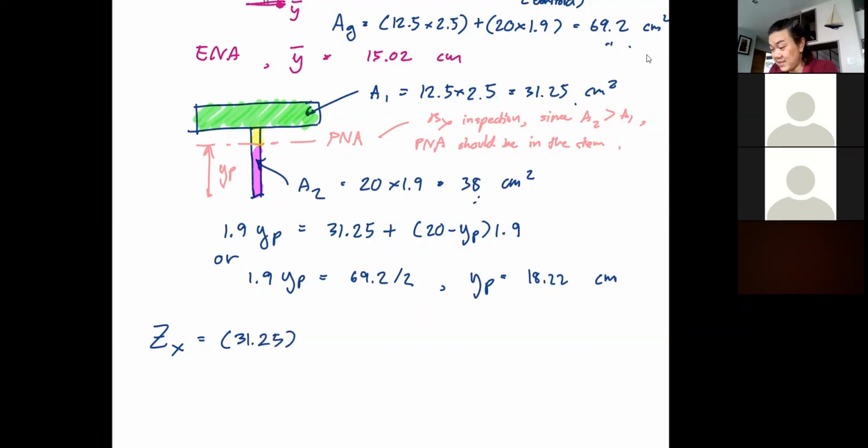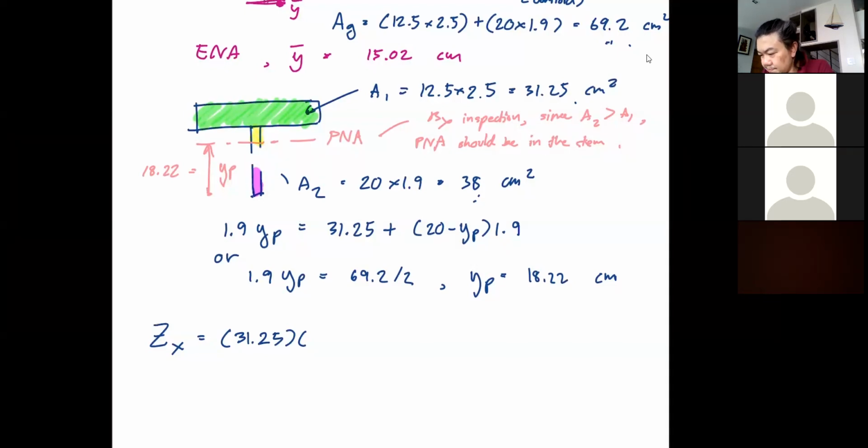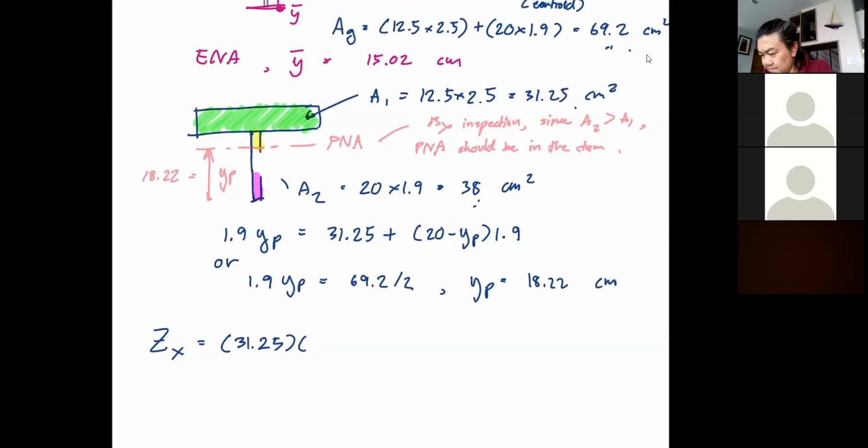And the distance would be, if YP is 18.22, you know what, this is confusing, but we already passed this one, but I have to do something because A2 here is the entire area, okay?